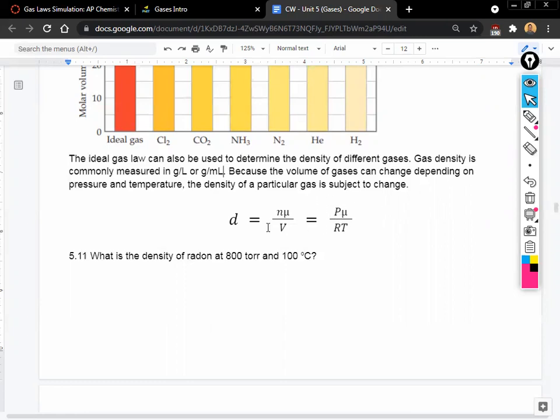And so I just want you guys to take maybe about a minute, use that equation to figure out the density of radon at 800 torr and 100 degrees Celsius. Okay.